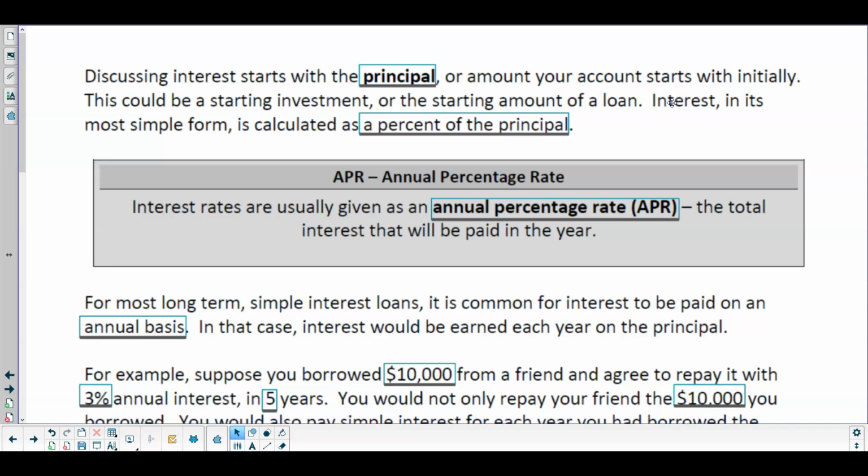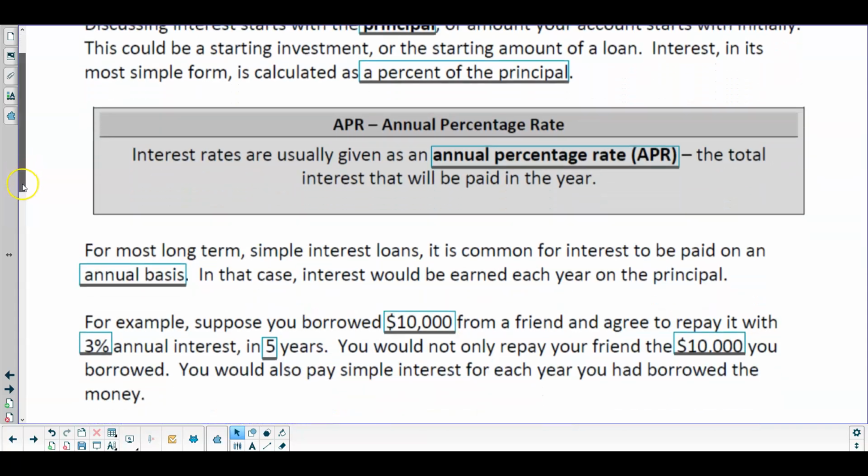This is the interest rate that's given over the full year. So it's not just calculated for the month or for the day. It's the interest you pay for the full year, and that's what we call an annual percentage rate. For long-term simple interest loans, it is common for interest to be paid on an annual basis. So that's why when we calculate this, it's in years.